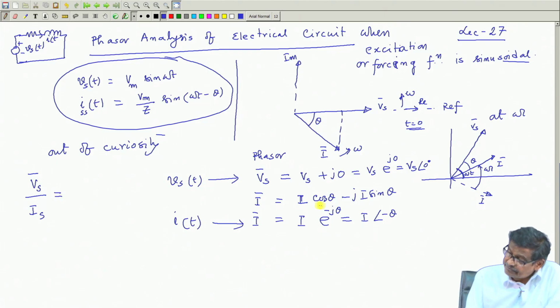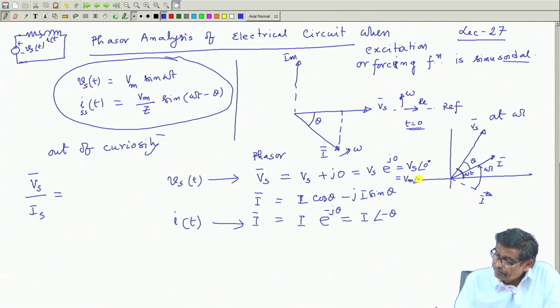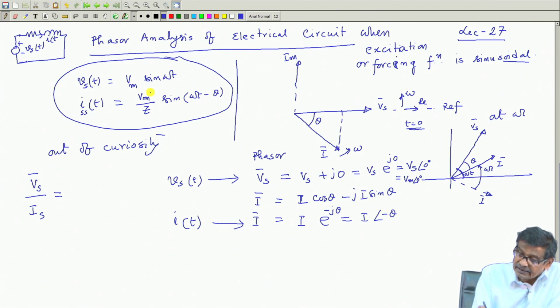What is the value of this V s? It is the magnitude V m, angle 0 degree. What is the value of this current I? This is I, and I am writing it as the magnitude of the phasor.